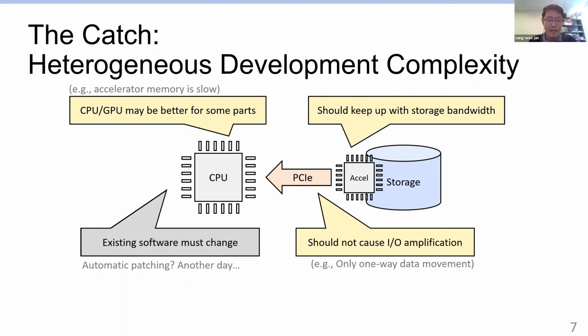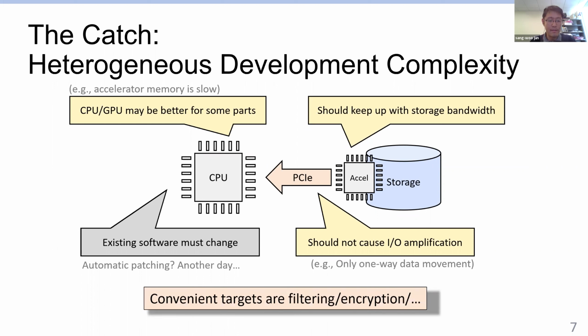And due to these kinds of restrictions and moving parts and the difficulty of optimizing for these heterogeneous environments, if you look at many of the near storage accelerator publications, convenient targets typically are simple filtering operations, encryption operations, compression operations, things like that, where, for example, if there's not a lot of off-chip memory accesses, then we don't have to worry too much about which of the work we have to allocate to the near storage accelerator as opposed to the host side GPU.